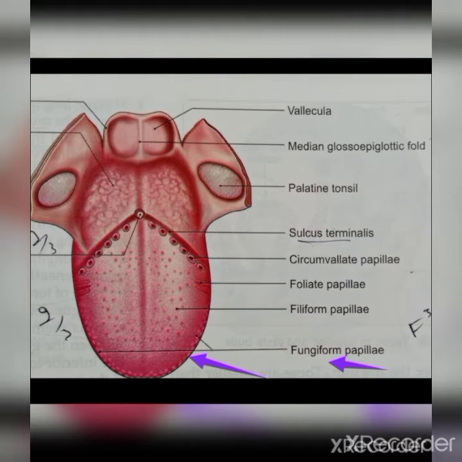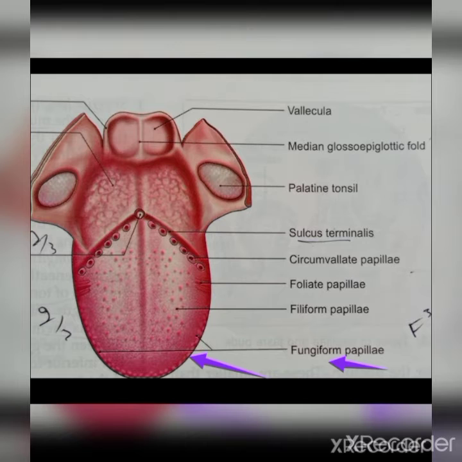Now, friends, talking about fungiform papillae, as you can see here, they are numerous near the tip and margins of the tongue, but some of them are also scattered over the dorsum. These are smaller than the vallate papillae but larger than the filiform papillae. As you can see here, these are the larger papillae and these are the small papillae over here.